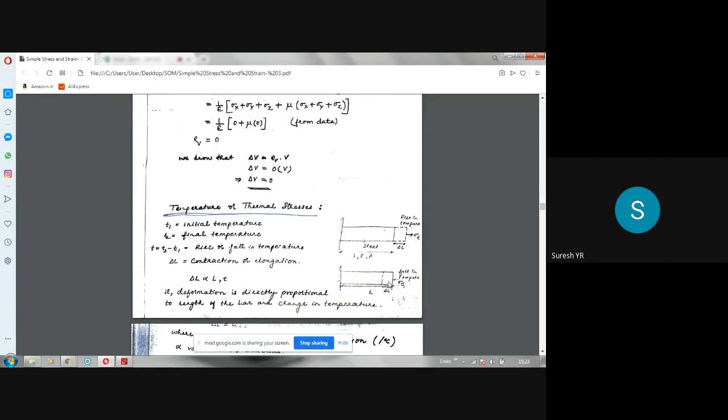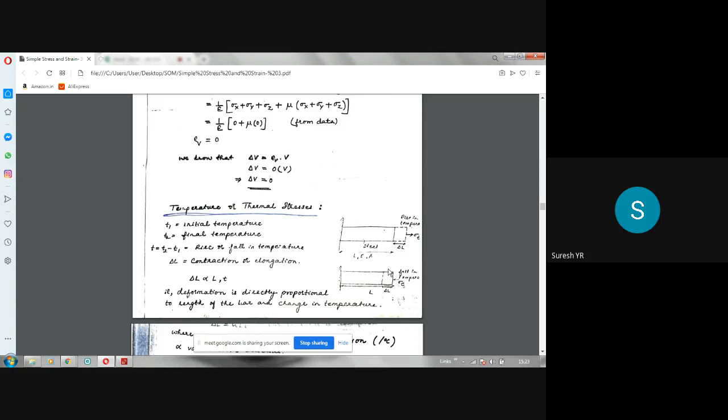L is the initial length. Delta L is the contracted length. In that case, it will be subjected to compressive stress, because contraction in the length takes place. This is for a simple bar. Later on, we will see how this temperature effect works in a compound bar.